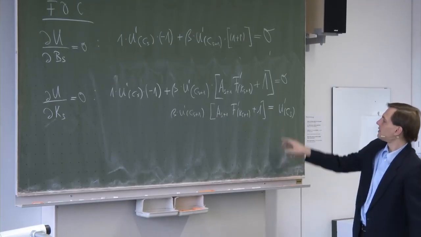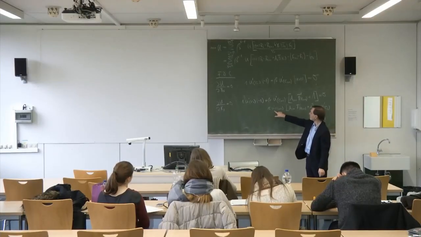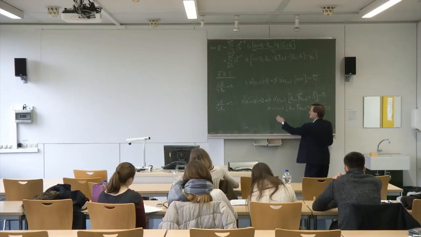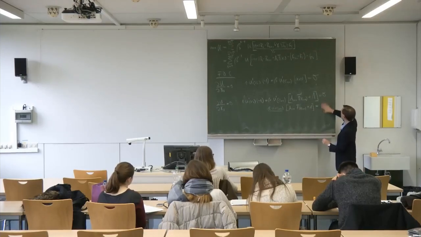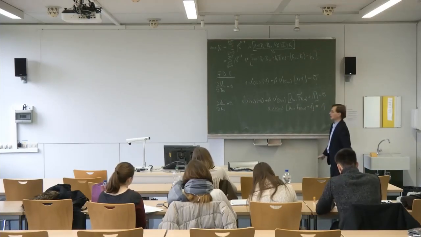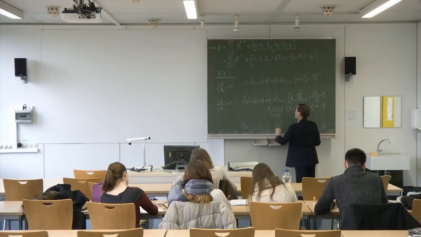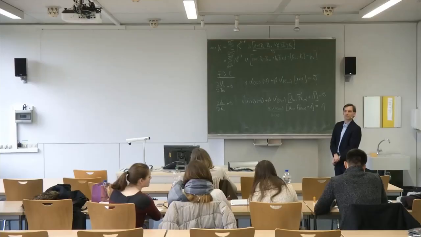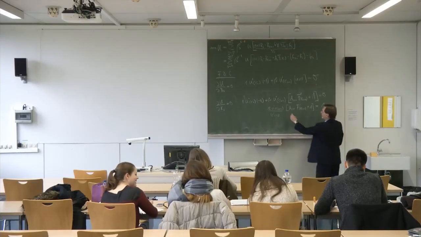Next, why not move this term into the denominator? I divide the whole equation by this term, then we get a 1 here, and this term pops up here. So this is just rearranged.